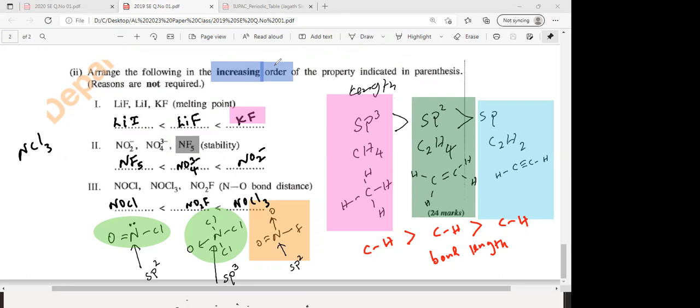Because lone pairs are attracted only towards one atom, but bonding pairs are attracted towards both nuclei, not only one. That is one fact.